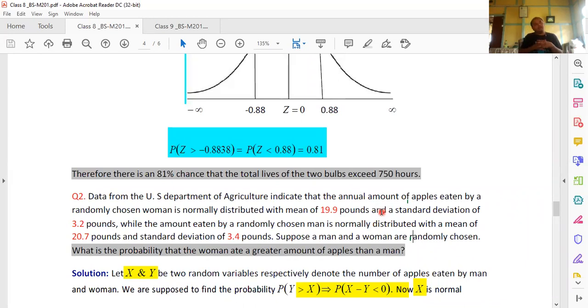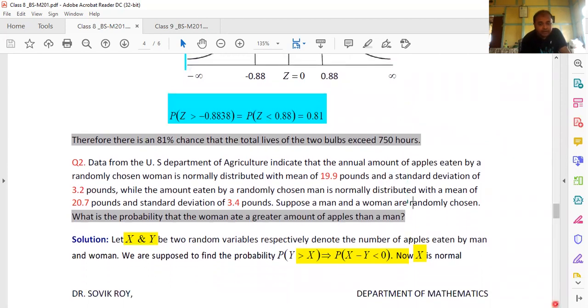More apple they eat than their male counterparts. So from this particular scenario, the situation has been derived, and therefore this data has been presented to you, and therefore they have said that this amount of apples eaten by a randomly chosen woman is normally distributed.